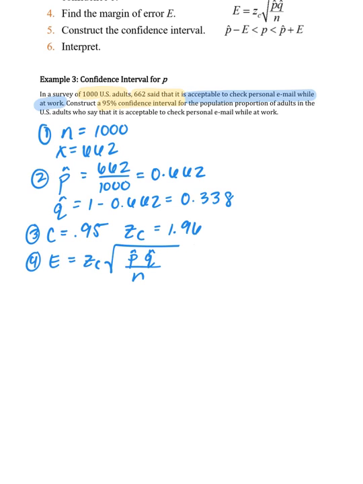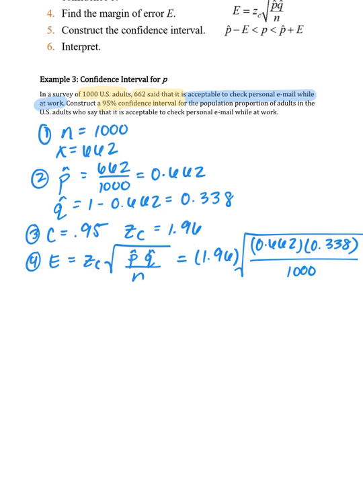Okay, so we've got 1.96, and then p hat is 0.662, q hat is 0.338 divided by 1,000, and all of that stuff goes under the square root, and our E ends up being, when we plug that in the calculator, 0.029.